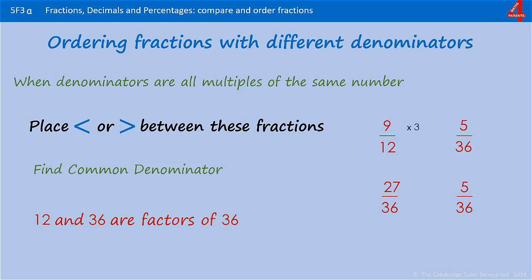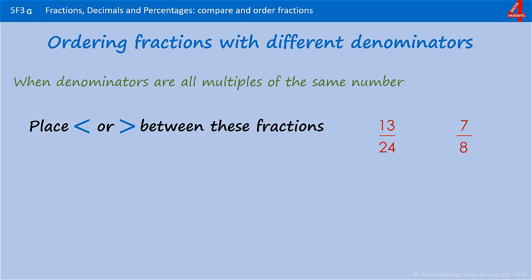And 5 over 36 can stay the same. It's now clear to see that 27 over 36 is considerably bigger than 5 over 36. That didn't look quite so obvious in the original question. So our answer is that 9 12ths are bigger than 5 over 36.